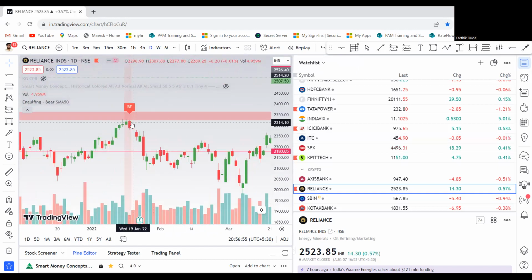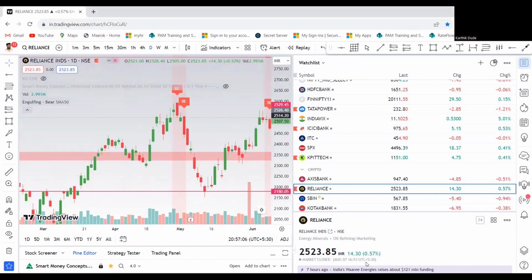As you can see here at the resistance, this engulfing candle is formed, then price has pushed down. Same as happened here. An engulfing candle which engulfs the previous candle, then price has pushed down.